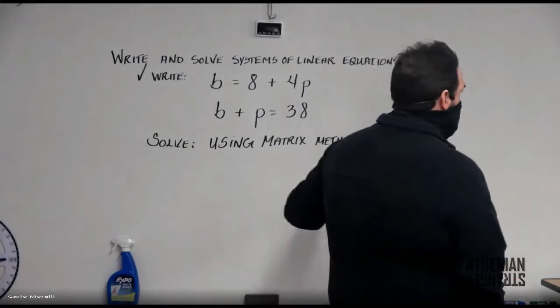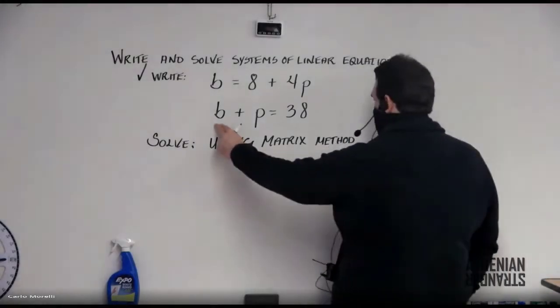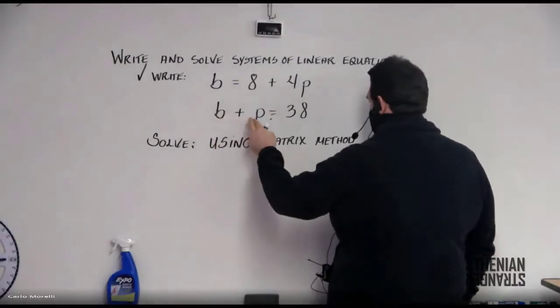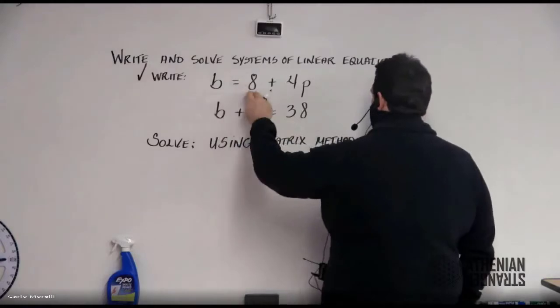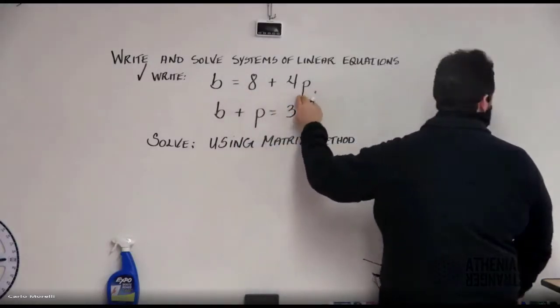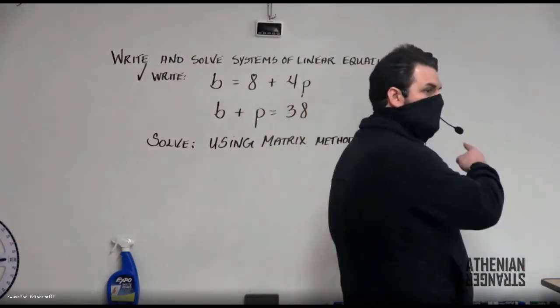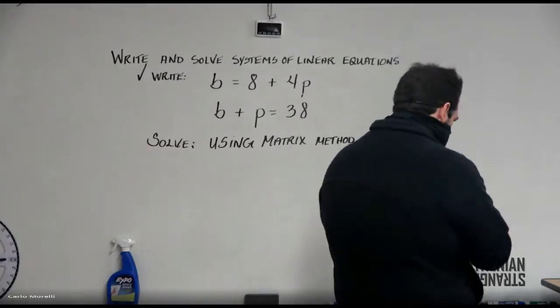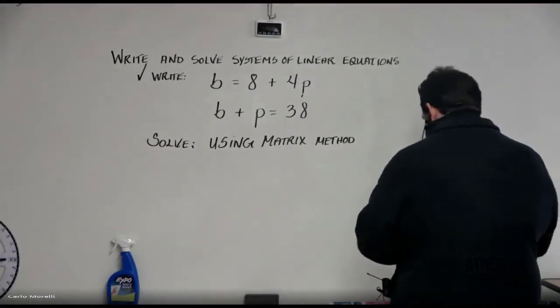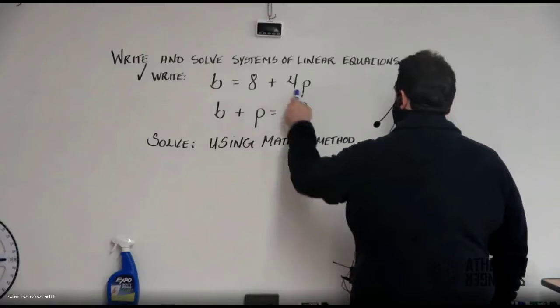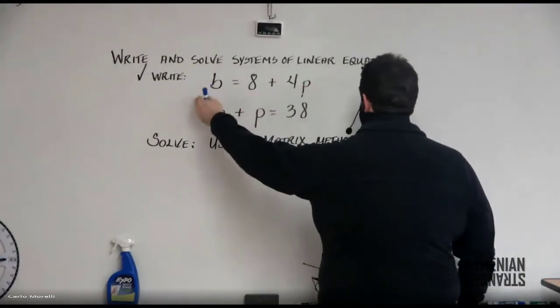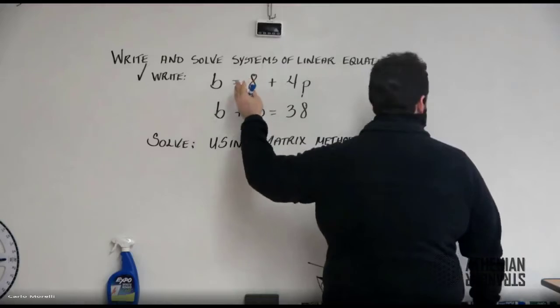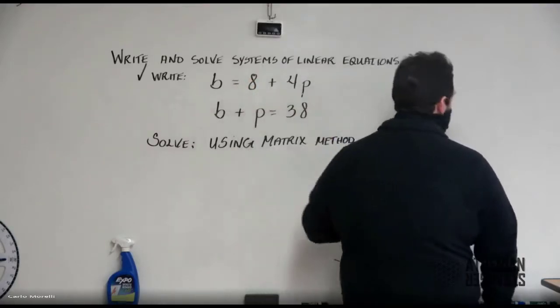So an example of what I need is right here. I've got letter, letter equals number. Here I've got letter equals number and then letter. So I need to fix the top one. What would I need to do to the top equation to move this 4P over here so that I'll have B and then something with the 4P equals the 8?